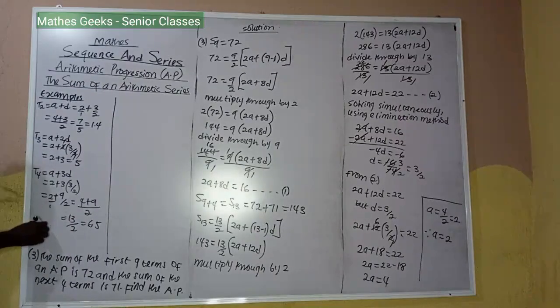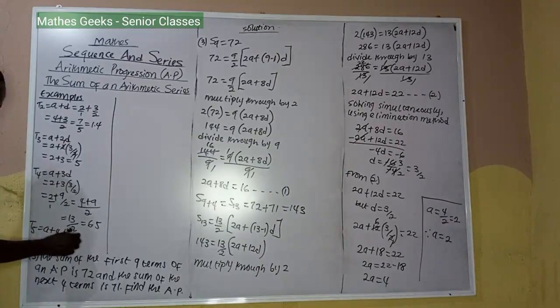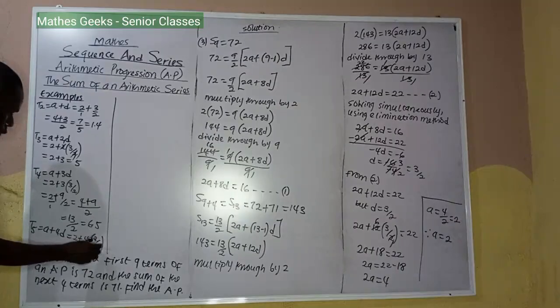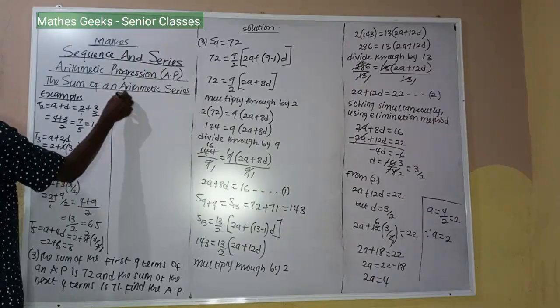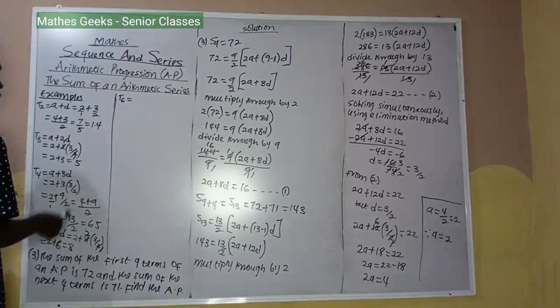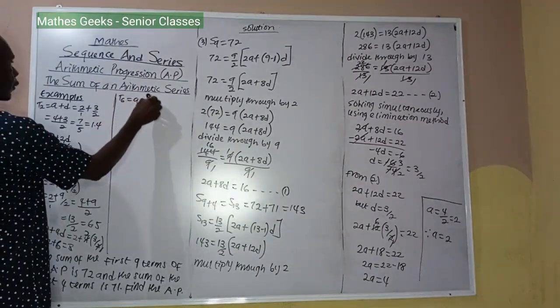T5 is equal to A plus 4D. That's equal to 2 plus 4 times 3 over 2. 2 here 1, 2 here 2. 2 times 3 is 6. So 2 plus 6 is equal to 8. T6 is A plus 5D.